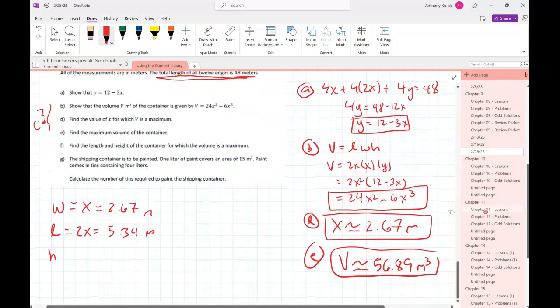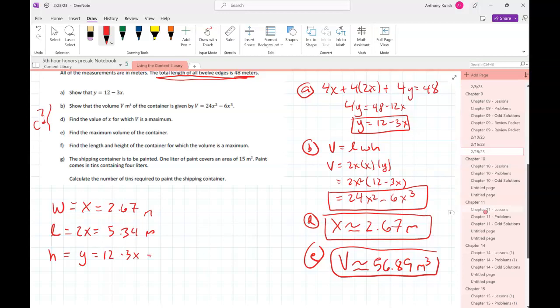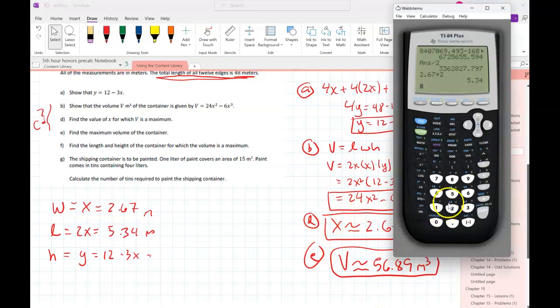And then the height was equal to y, which was 12 minus 3x. Okay. 12 minus 3 times 2.67. So 3.99.